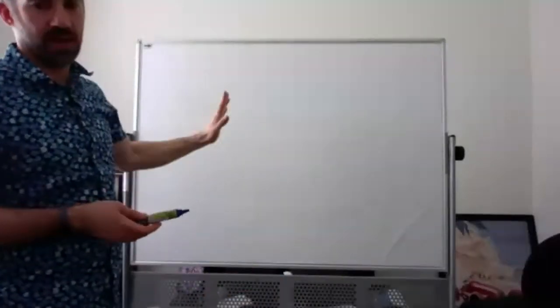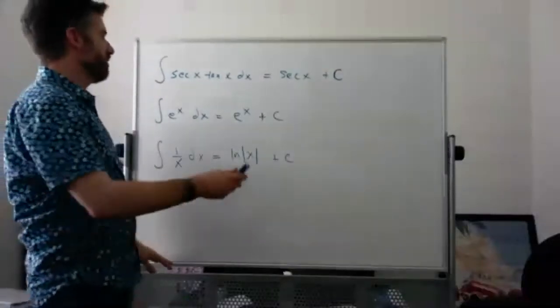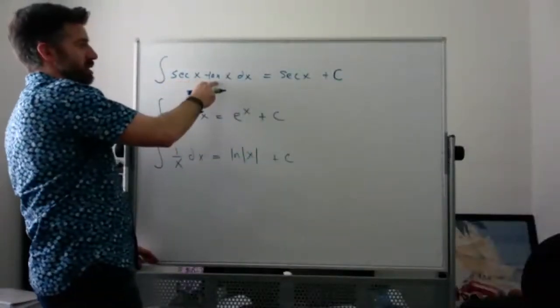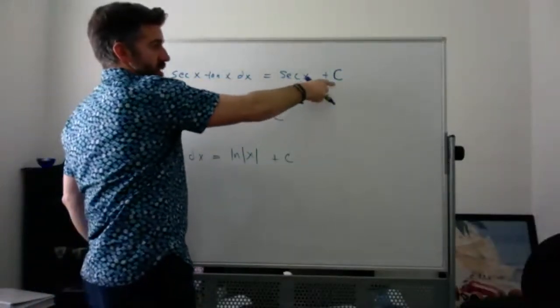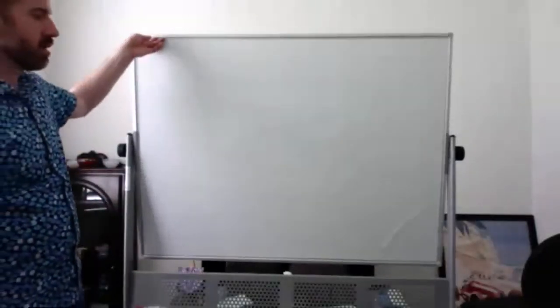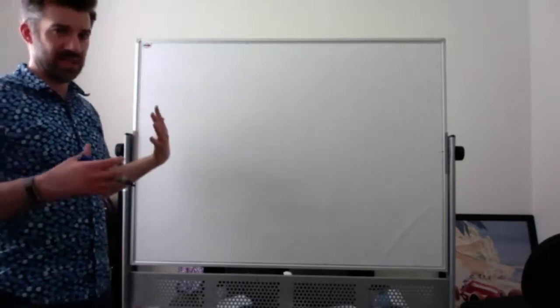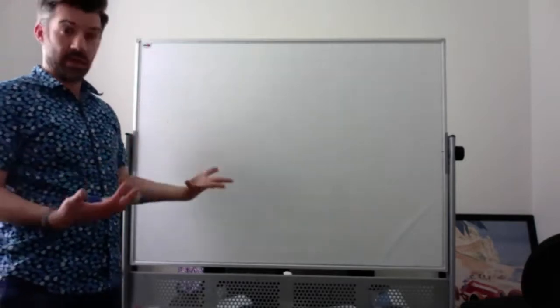So the reason that the natural log thing, well, what does it say after secant? So it says secant x tangent x here, and over here it says secant x plus c. So the reason the antiderivative of 1 over x is what it needs to be is because it's really a domain issue.